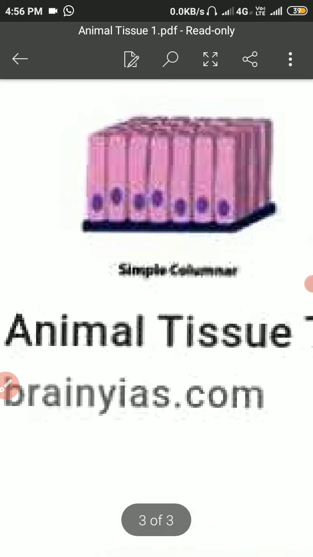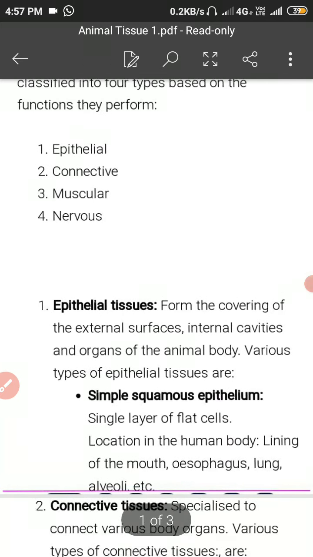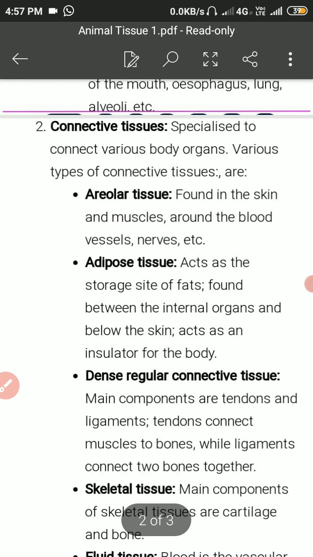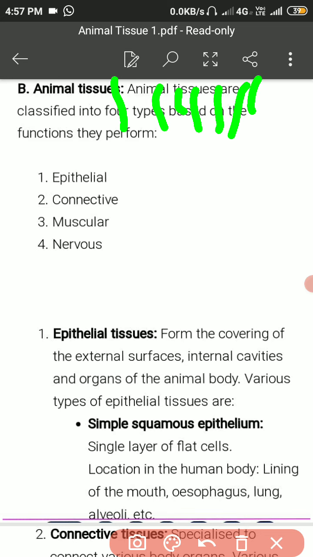And if you come to the other type of tissue, that is the connective tissue, second part, this is the connective tissue.